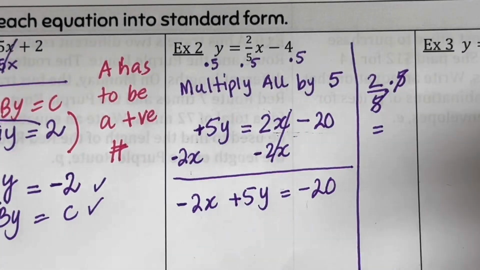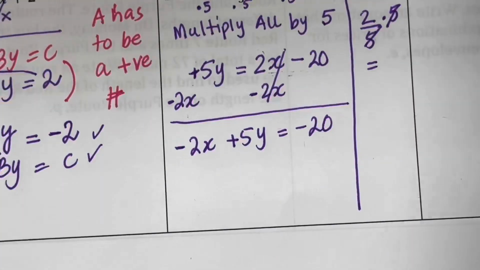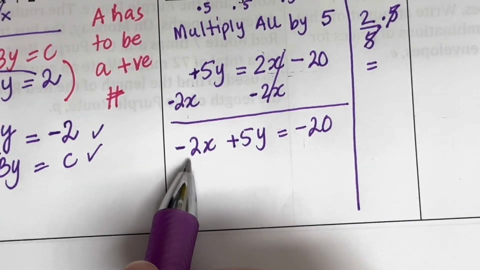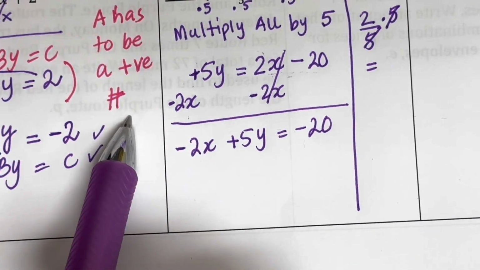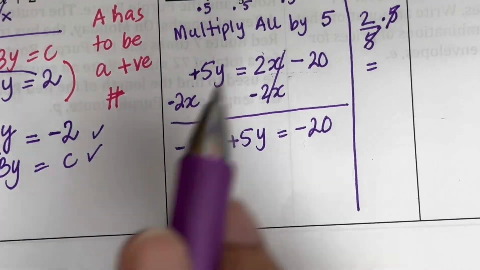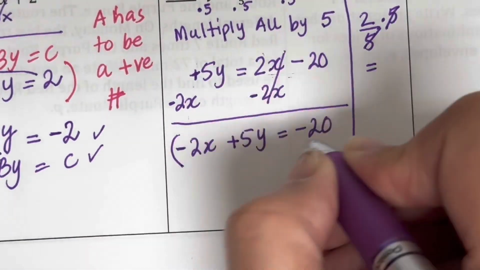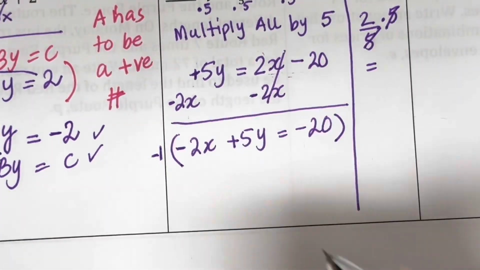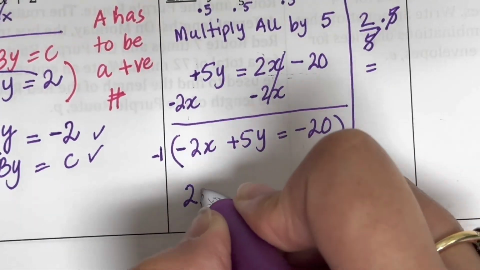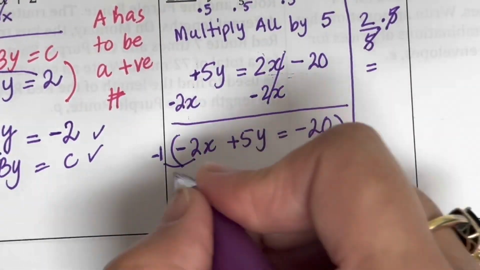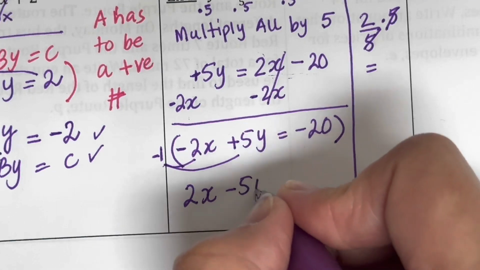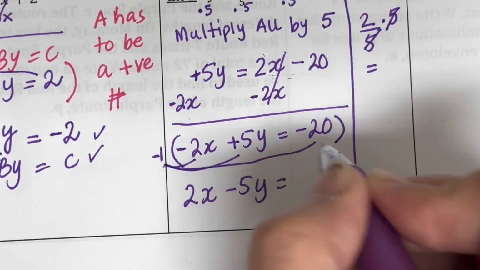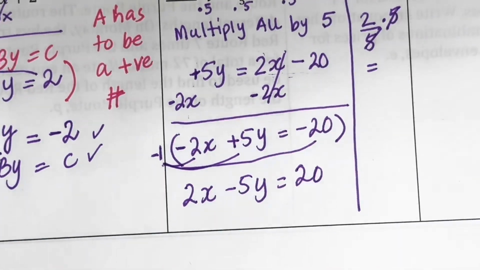All right, I have my standard form, but A needs to be a positive number. So this is negative, and all I'm going to do is multiply all of that by negative 1. So my final answer should be 2x minus 5y equals positive 20.